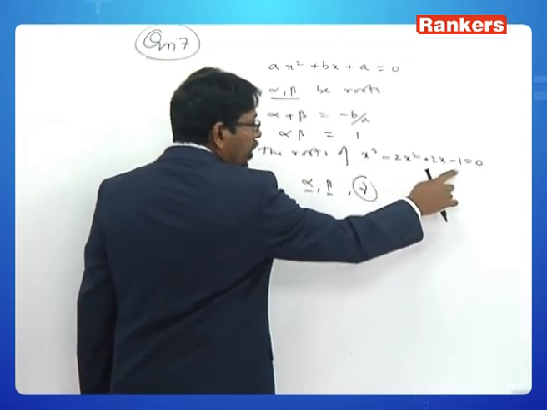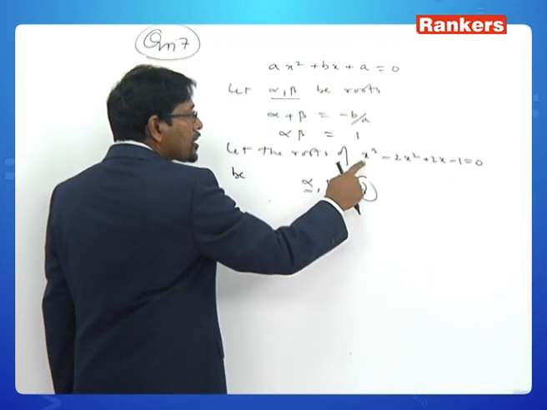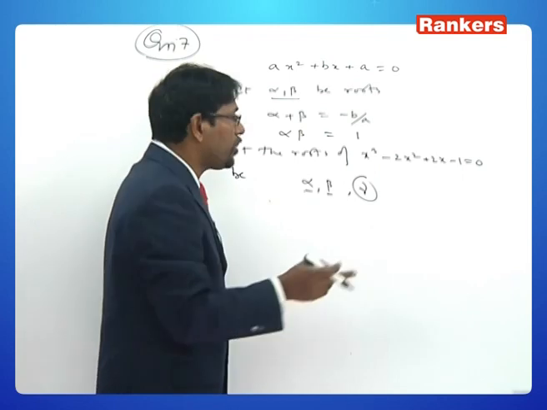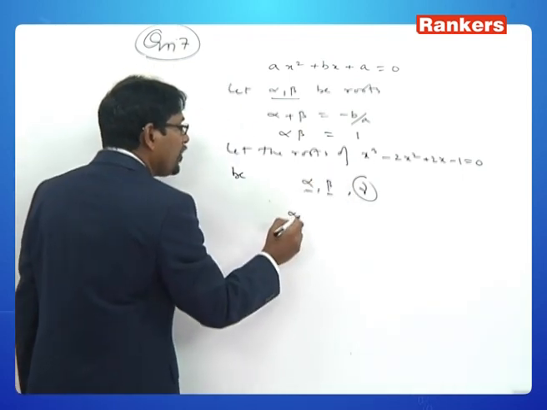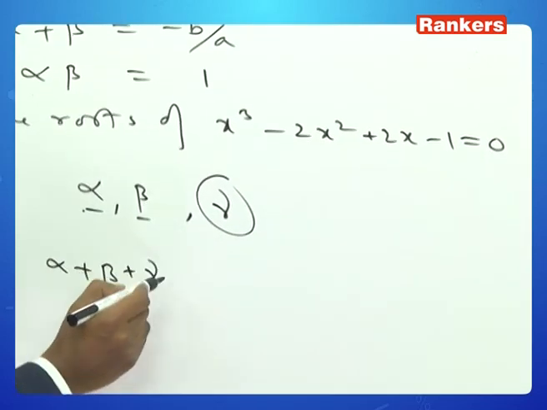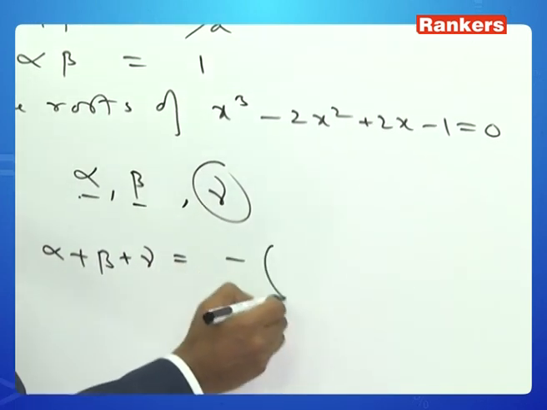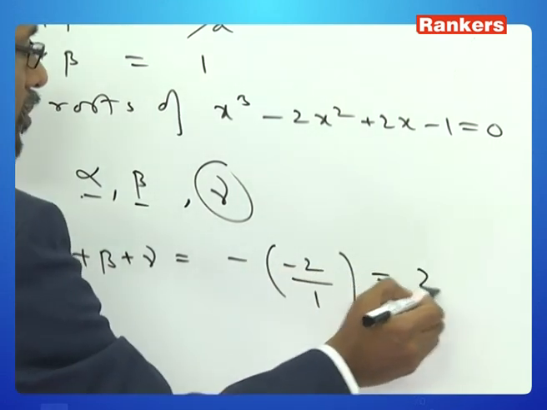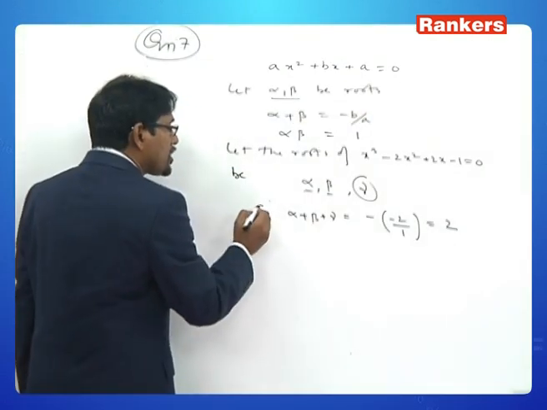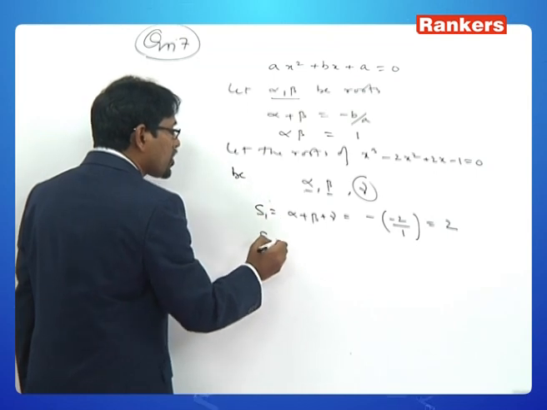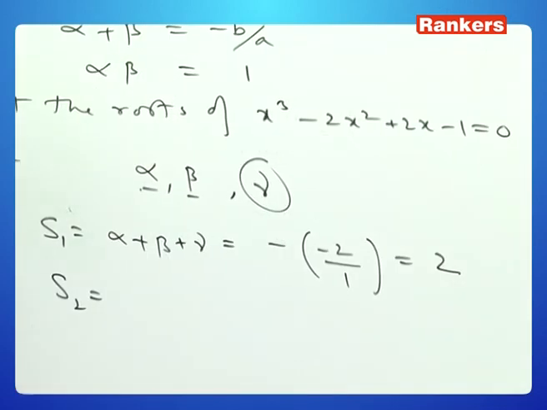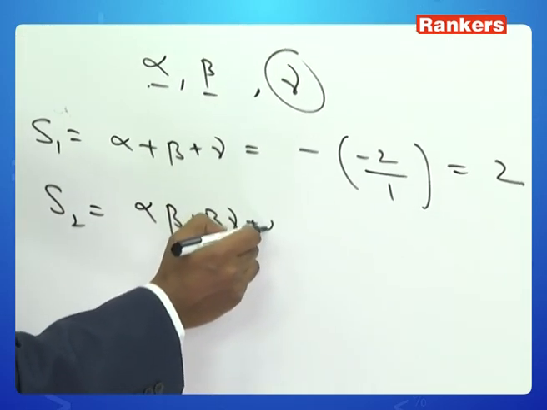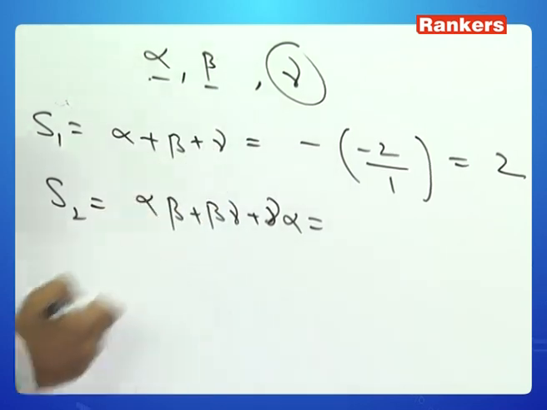Whenever you have a cubic polynomial equation like this, the sum of the roots is given by minus the coefficient of x squared by the coefficient of x cubed. So alpha plus beta plus gamma is equal to minus of minus 2 by 1, that is 2. Now this is S1 we call. S2 is the sum of the roots taken 2 at a time, given by alpha beta plus beta gamma plus gamma alpha. And what is that equal to?